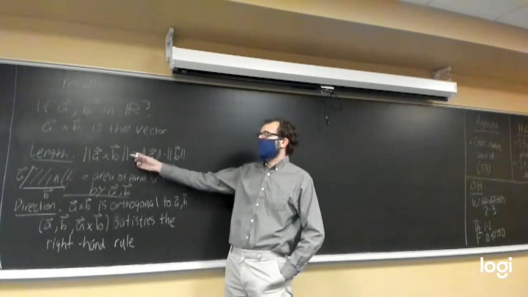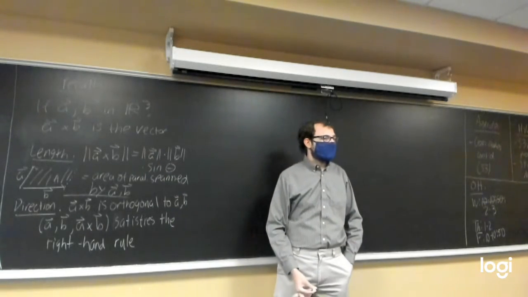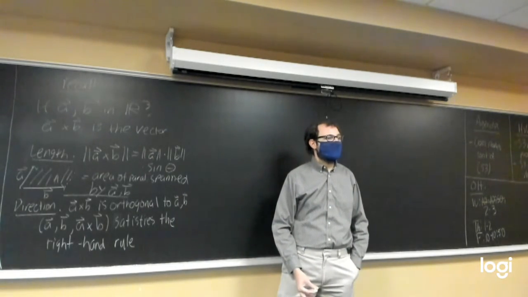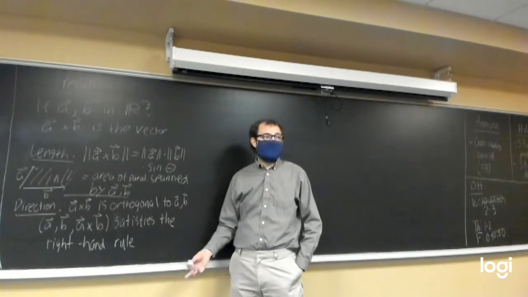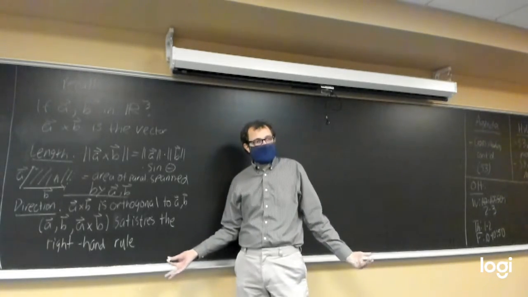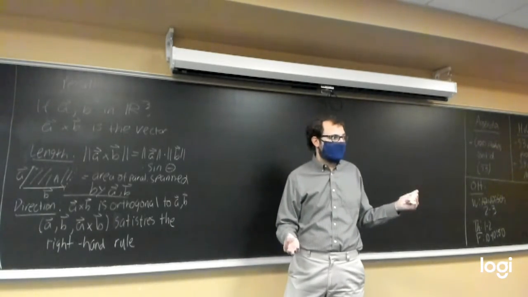You could compute the length if you feel like doing sine of inverse cosine of the dot product divided by the product of the magnitudes, but that doesn't sound fun. And the direction, forget it. Try to get an accurate answer by seeing which direction your thumb is pointing in.